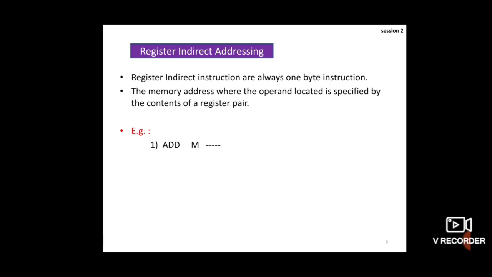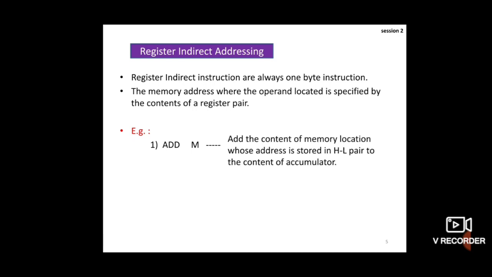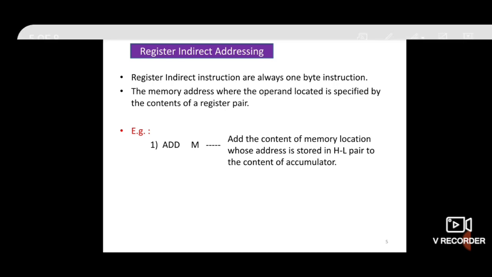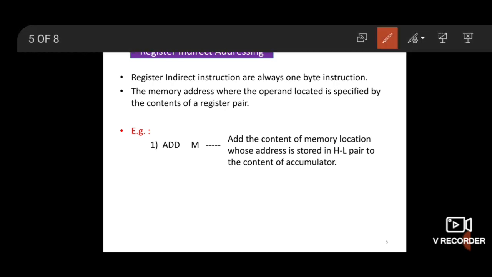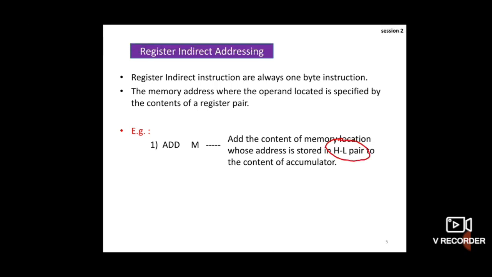So ADD M means add the content of the memory location whose address is stored in the HL pair to the content of the accumulator. This word is very important: HL pair. Always use the HL pair because HL is the memory pointer. So this instruction comes under register indirect addressing.